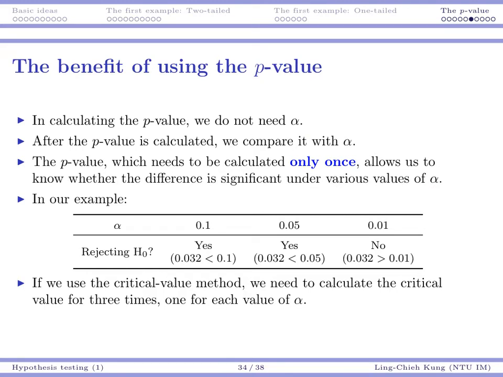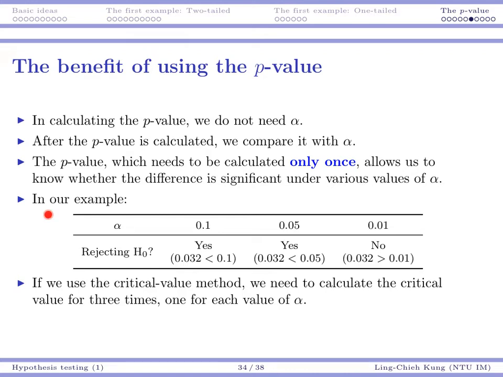We get a sample mean, and then we do the calculation directly. After the p-value is calculated, we can compare it with the alpha we choose. So that means we can compare the p-value with multiple alphas, even if we only do one kind of calculation.